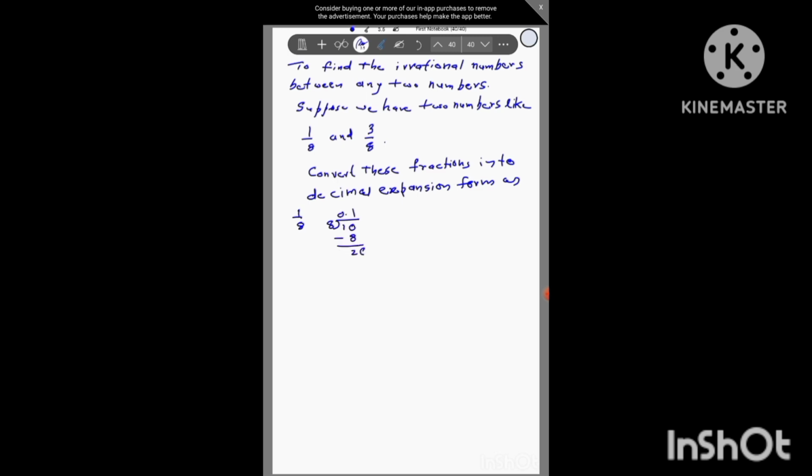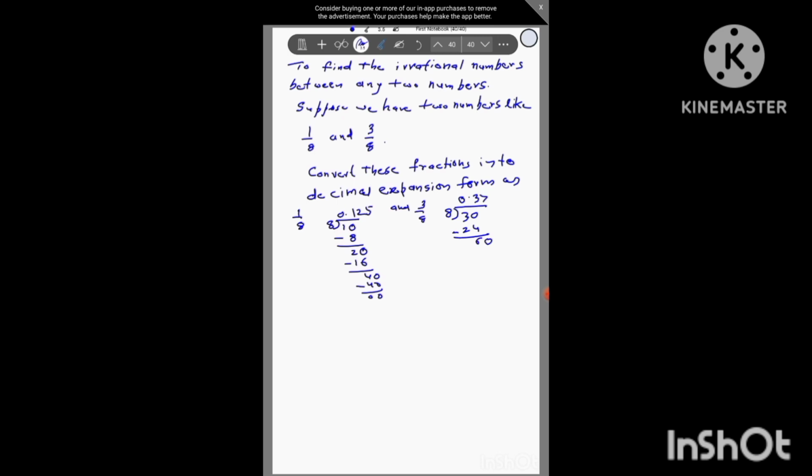So you get 1 upon 8 as, no need to explain, these are very simple conversions, 1 upon 8 is 0.125. It is very necessary to convert into decimal expansion form, because you are trying to find irrational numbers.